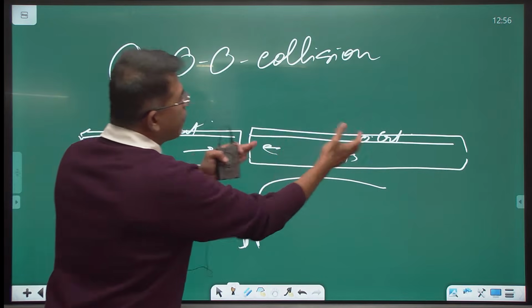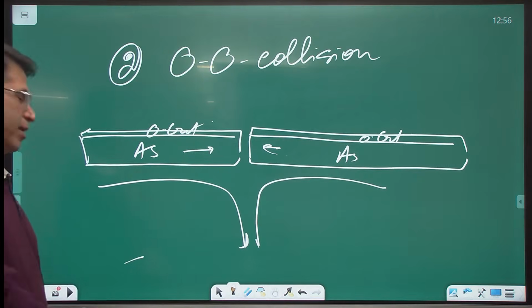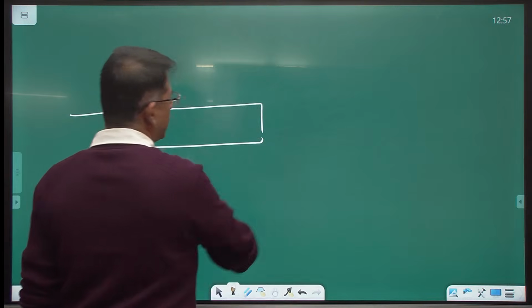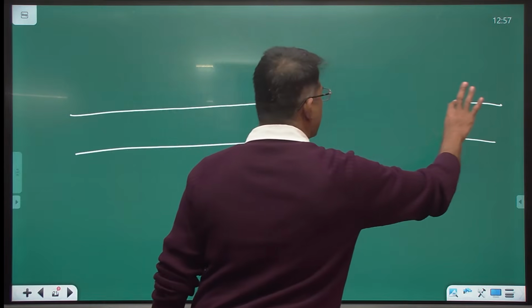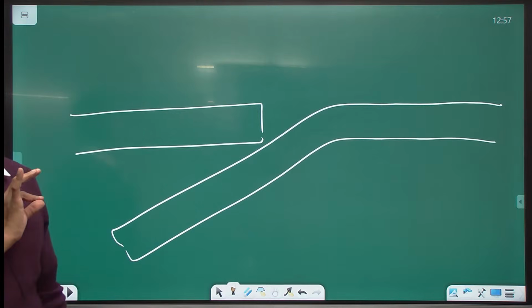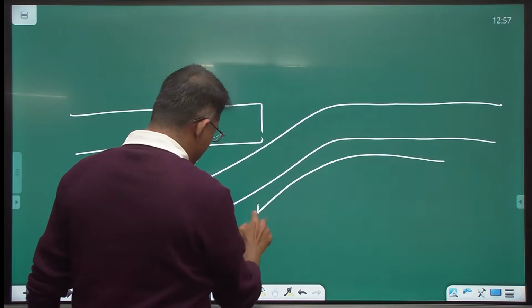One will be a bit heavier than the other. The heavier one will get pulled inside the mantle. So this is the ocean lithosphere. The other lithosphere will get pulled inside the mantle. This comes here and gets dragged in the mantle.